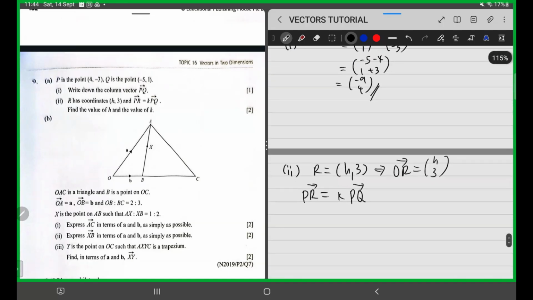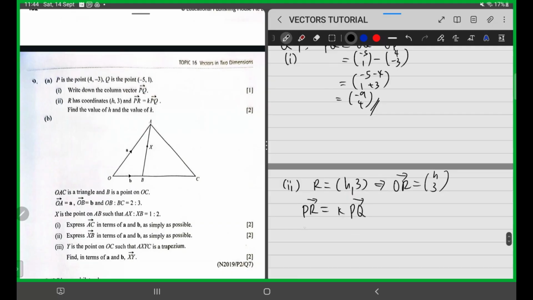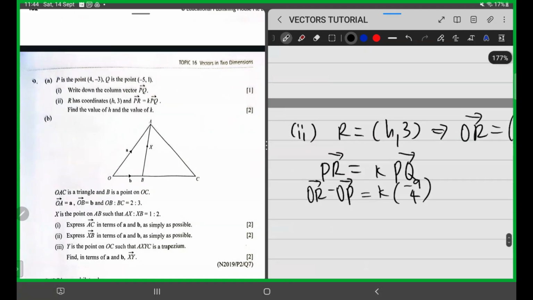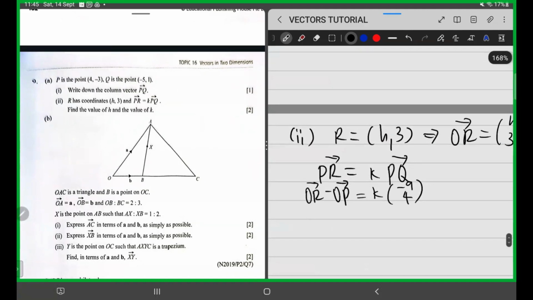So we just need to sub in. Your PR is just OR minus OP, right? Then you get k times (-9, 4), as what we have derived earlier on. So this gives us (h, 3) minus (4, -3).